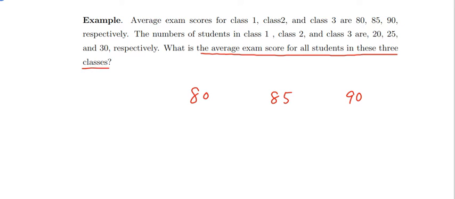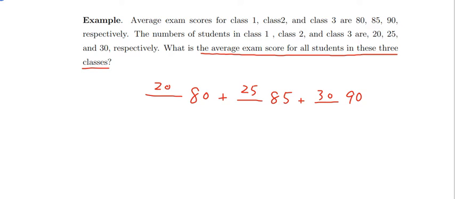Okay. So this average we also should consider as a weighted average, weighted on the number of students. Class 1 has 20 students, class 2 has 25 students, and class 3 has 30 students.